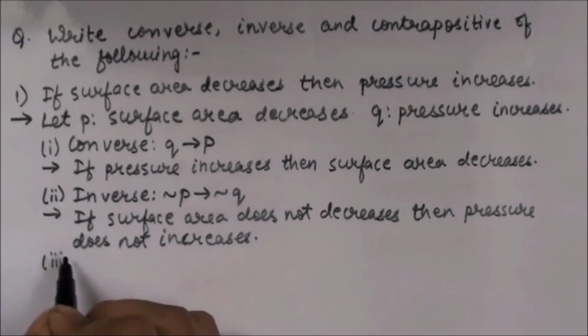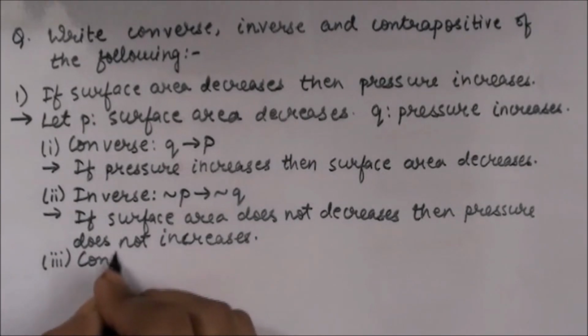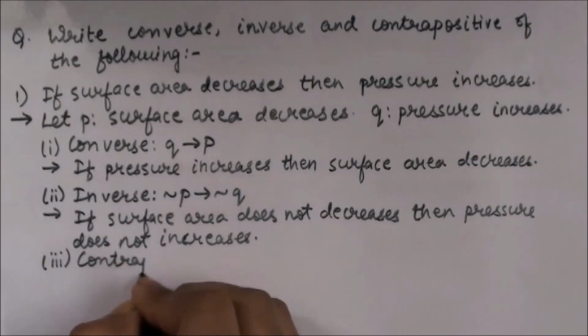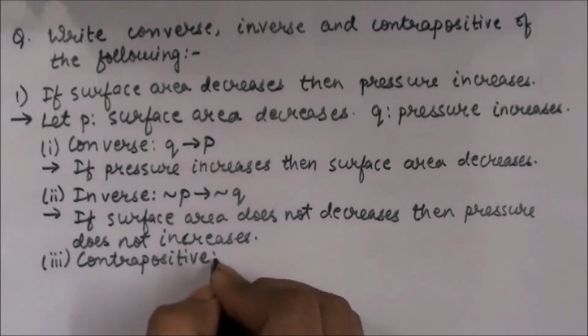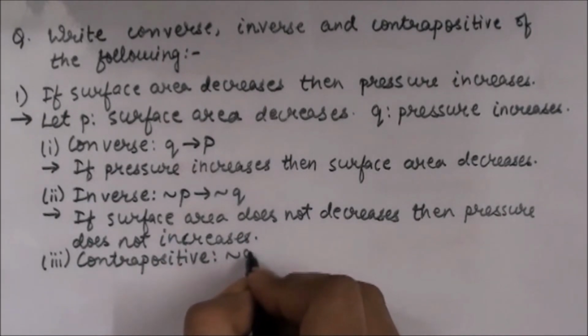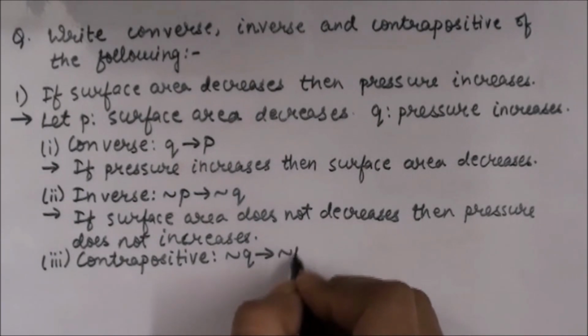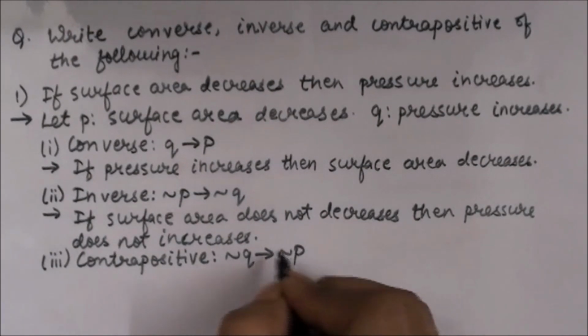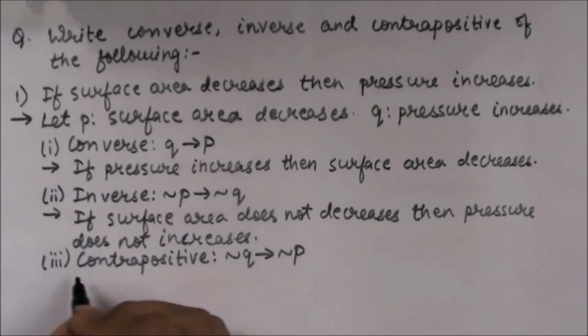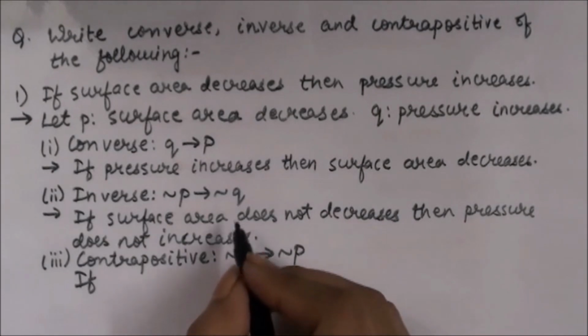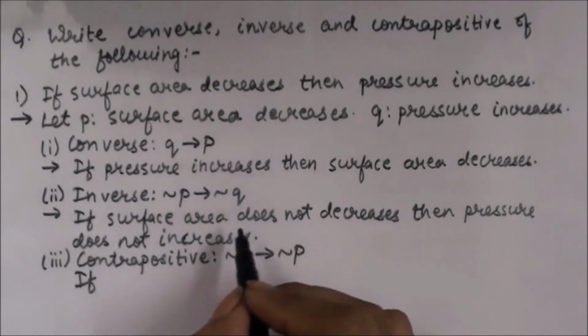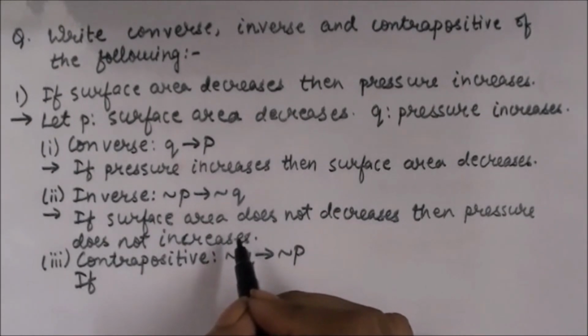Third type of statement is contrapositive. And contrapositive is negation of Q implies negation of P. We produce the negation also and then we interchange the sequence also, the order also. So contrapositive, we have also seen that it is simply the converse of inverse. We have to do converse of this statement, inverse statement.